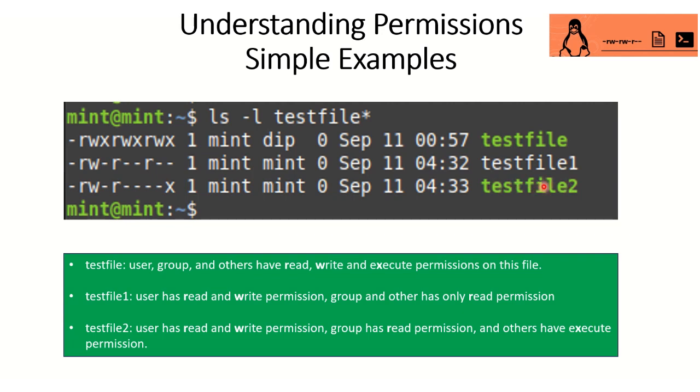The last one, test file 2, shows that the user has read and write permission, group has read permission while the other has only execute permission. So permissions are clearly readable from the list output.